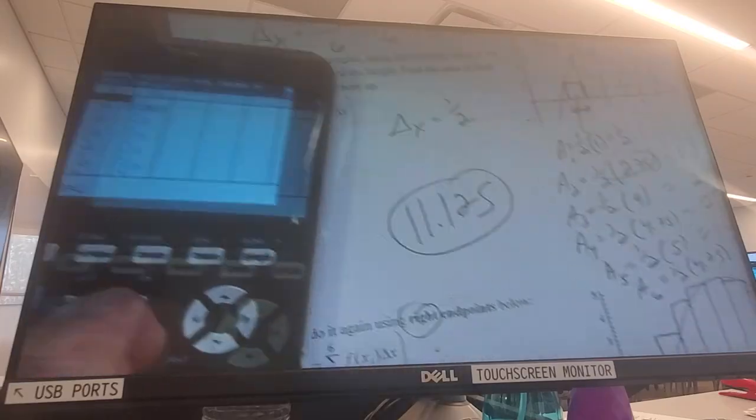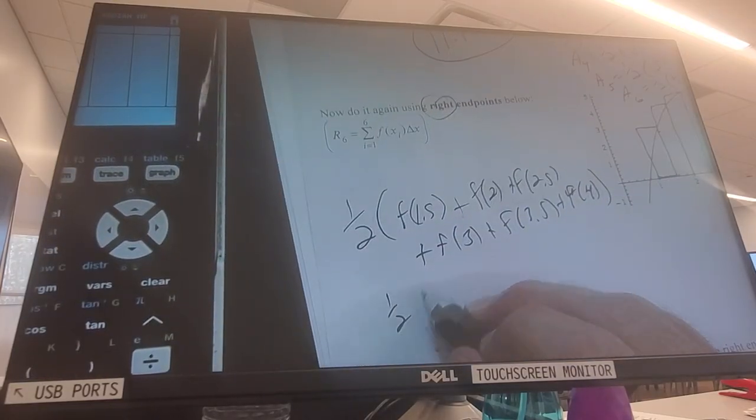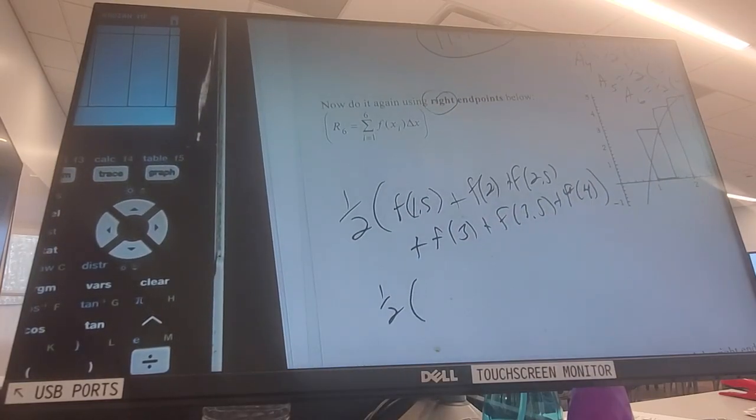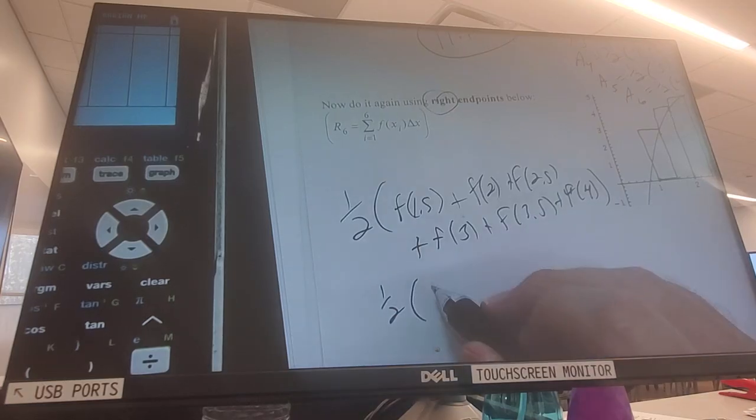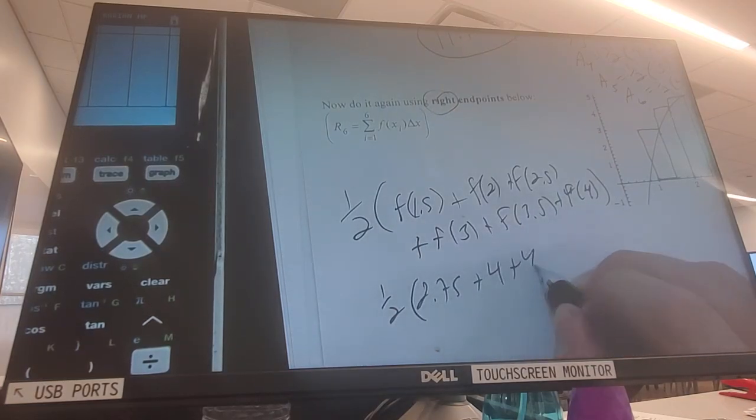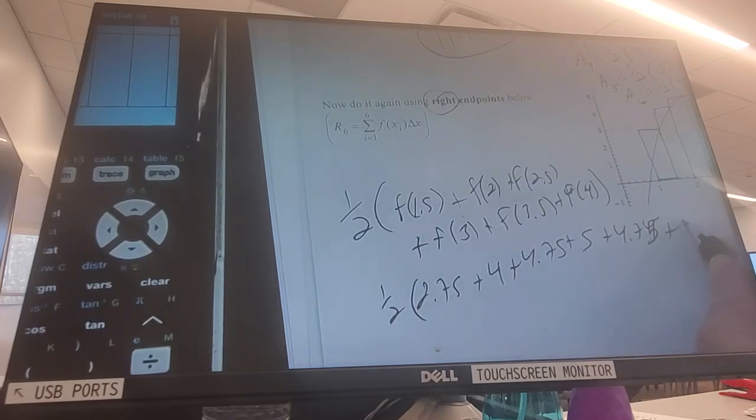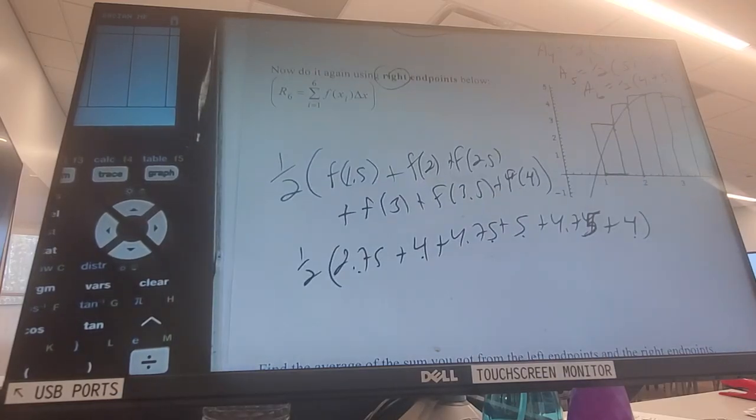So I've got 1/2 times 2.75 plus 4 plus 4.75 plus 5 plus 4.75 plus 4. 1, 2, 3, 4, 5, 6. So there's a smart little check: make sure you have 6 pieces of information, because you have 6 rectangles.